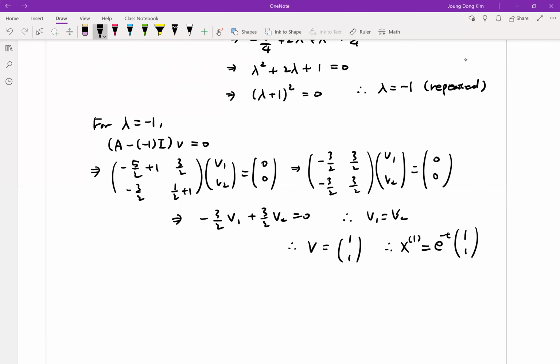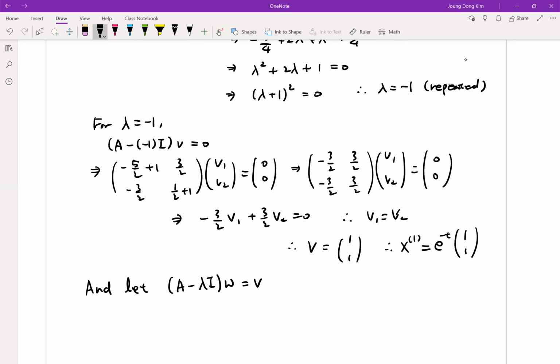So as we discussed, let me define a new equation, which is A minus lambda I, and we're going to introduce a new vector w, equal to v.